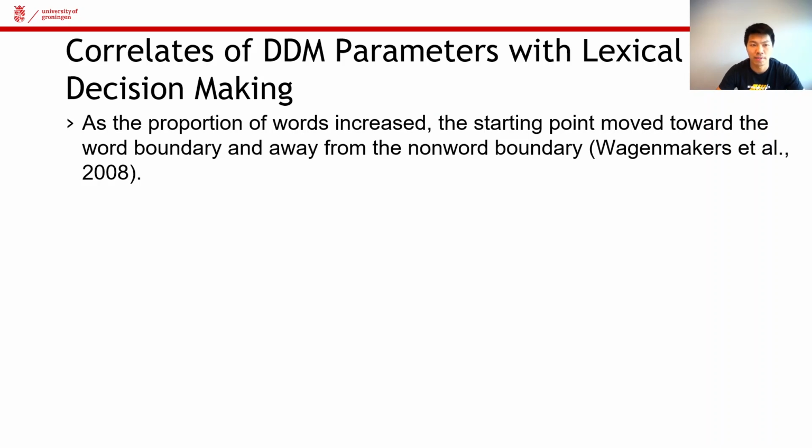Indeed, several studies have shown the correlates of DDM parameters with lexical decision making. One study has shown that as the proportion of words increased, the starting point moved towards the word boundary and against the non-word boundary.